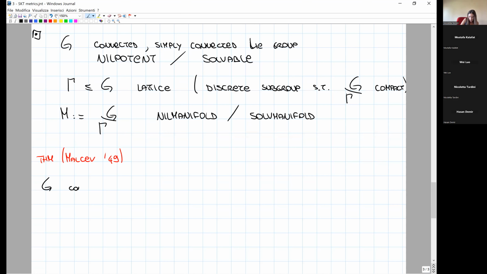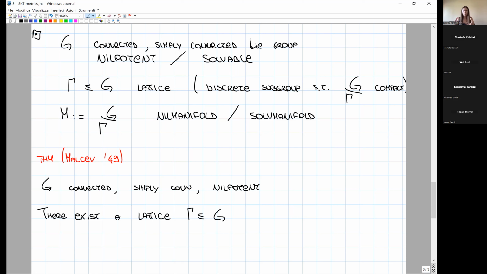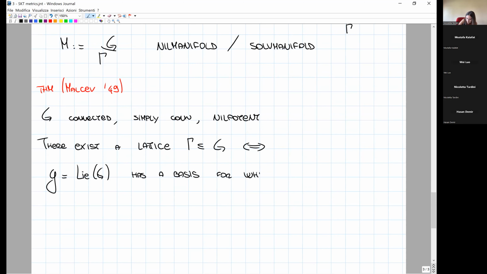If G is a connected, simply connected, nilpotent Lie group, then there exists a lattice Γ in G, which means that you can construct a nilmanifold in the end, if and only if the Lie algebra of G has a basis for which the structure constants are rational.